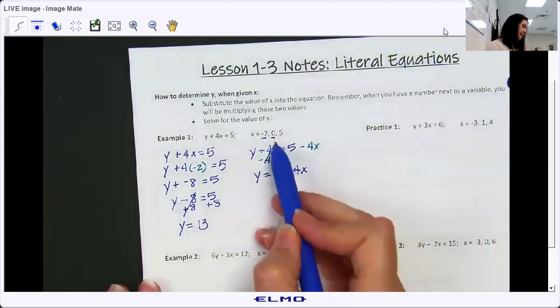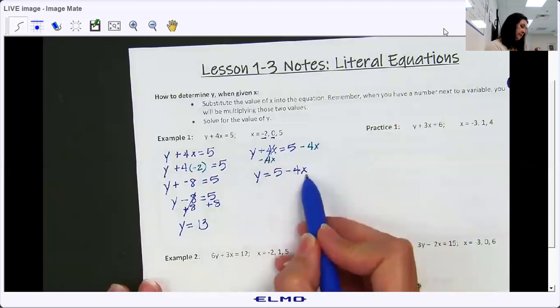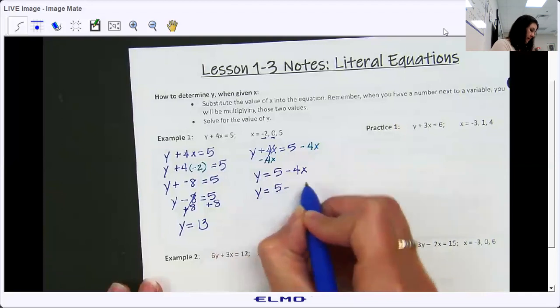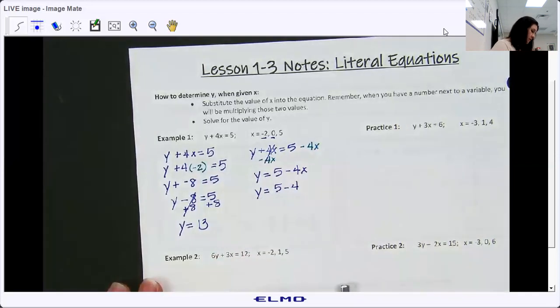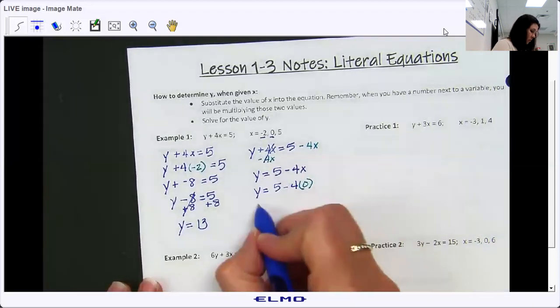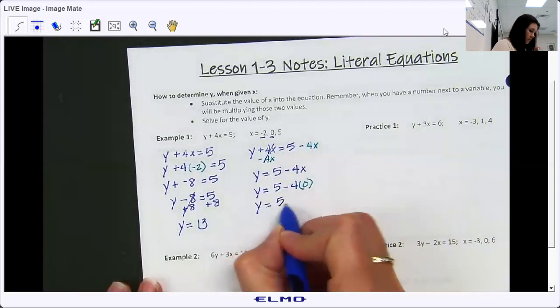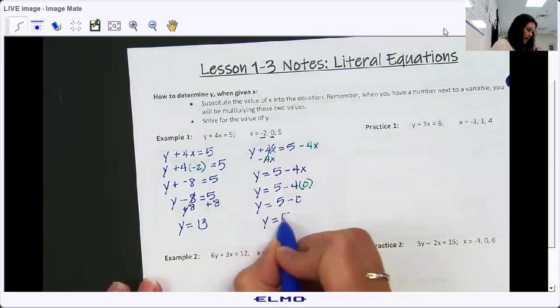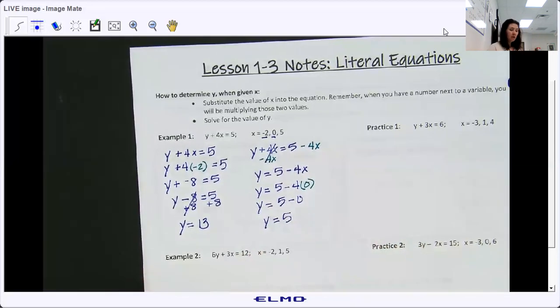Now I'm going to plug in the 0 into where X is and solve for Y. So Y equals 5 minus 4 times 0. 4 times 0 is 0. Y equals 5. So I've just showed you two ways to solve the same type of problem.